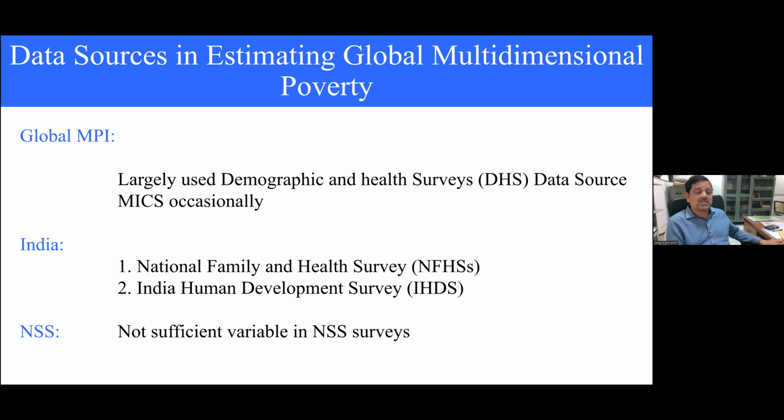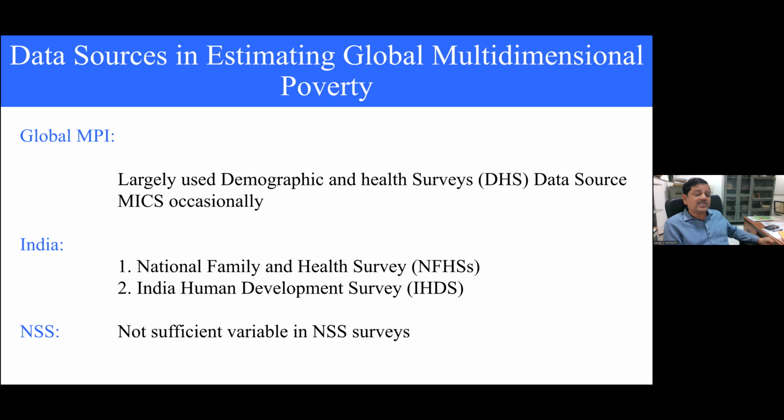It collects some household information, and it also collects individual information with more focus on mothers and children. The data are of high quality and available free of cost, so these estimates are largely available for those countries where DHS data are available.